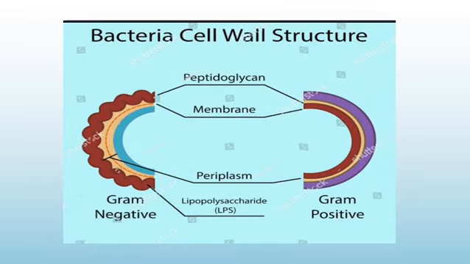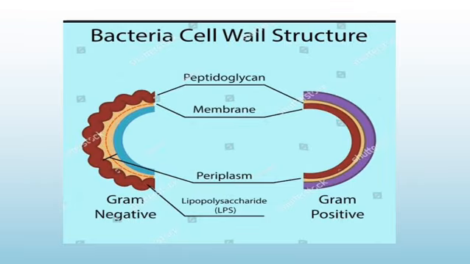Speaking about the bacterial cell wall structure, as we have already discussed, we have two different groups of bacteria, gram positive and gram negative. Gram positive bacteria have a thicker peptidoglycan as compared to gram negative bacteria. Gram positive bacteria have 80% peptidoglycan layer, but in contrast gram negative has only 10 to 20% of the peptidoglycan layer.